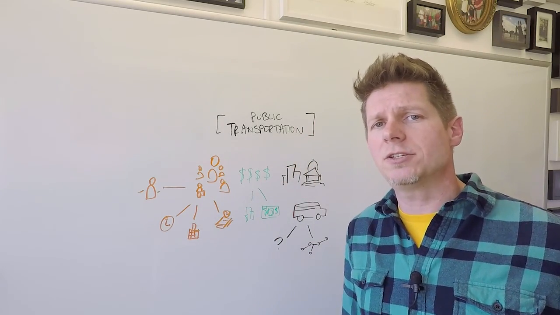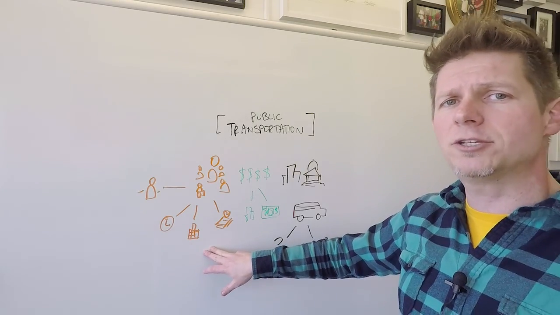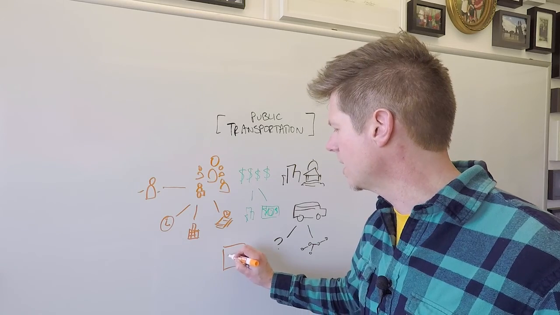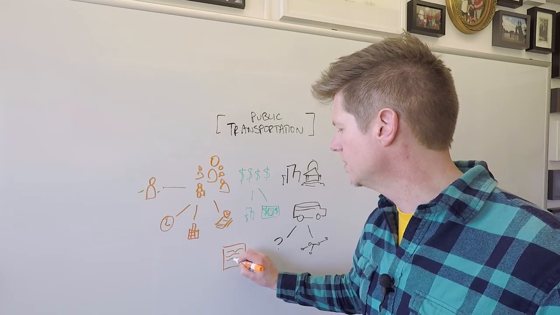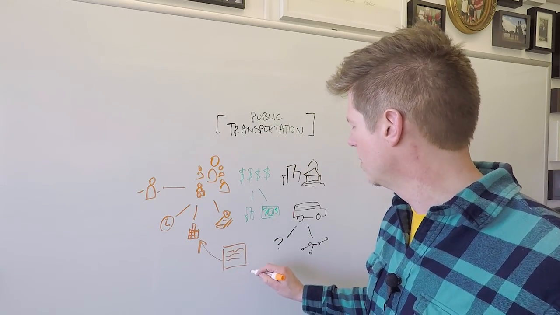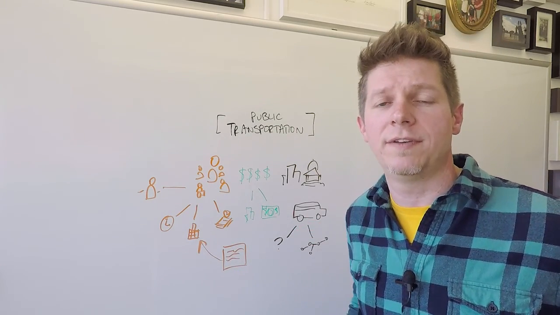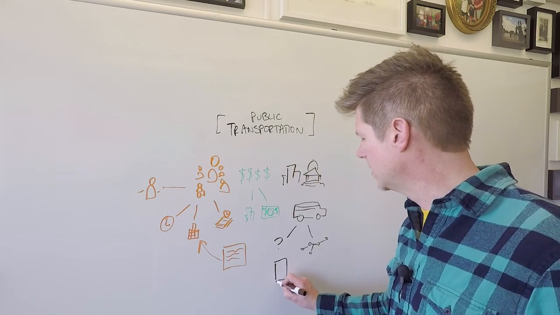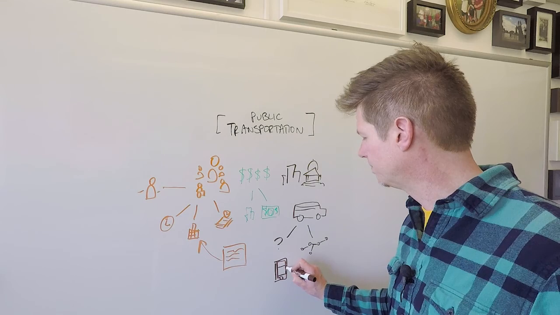But by doing observations, we can start to learn. Maybe it's an information problem. Maybe it means that we need some kind of tool, some kind of written or communication tool that will help these people to know when and where transportation is available for them. Maybe it's a communication to municipalities.